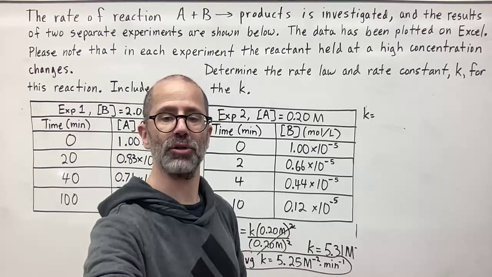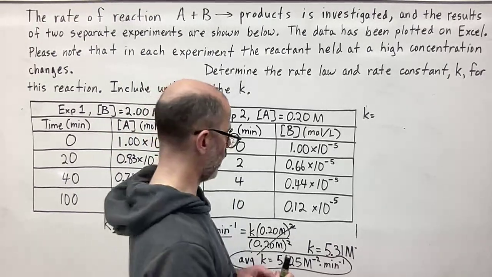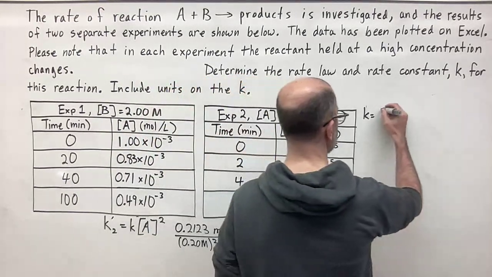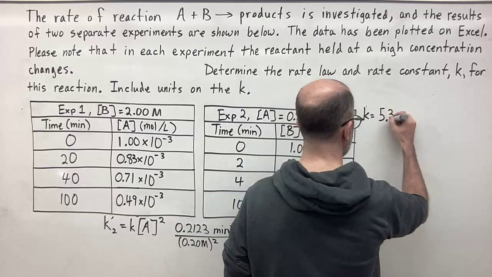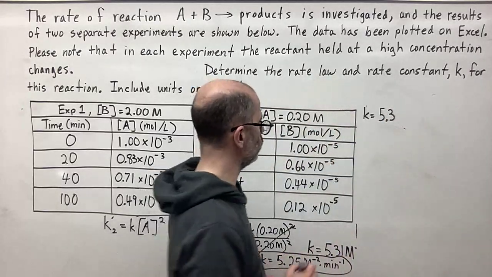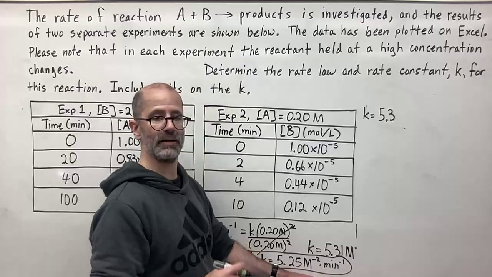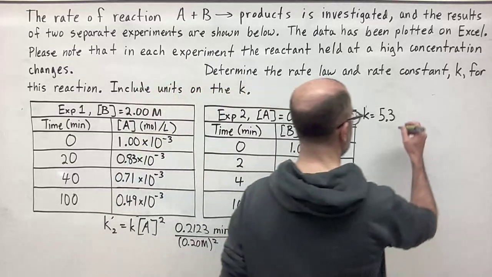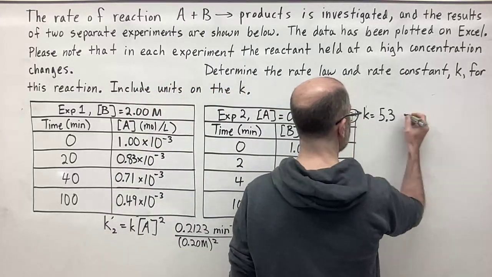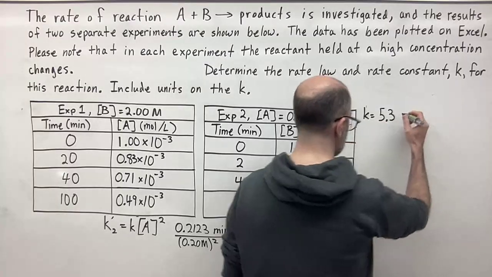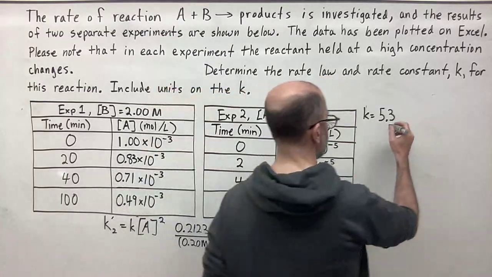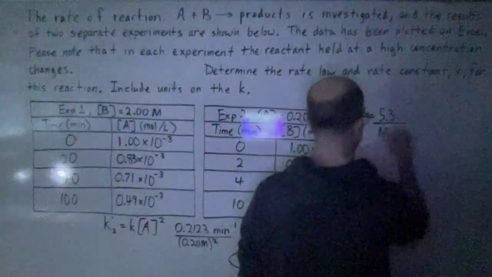So let's talk about units. Okay, so K would then be equal to 5.3. And then the molar, since this is molar to -2, we could put that on the bottom. So we could just put that on the bottom.